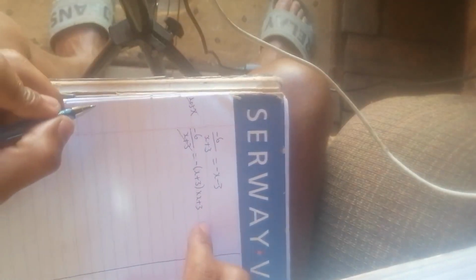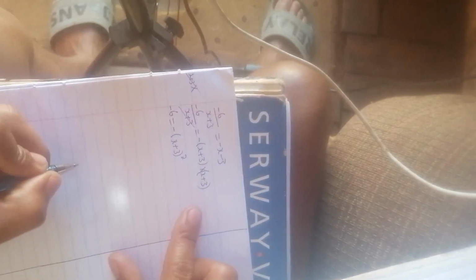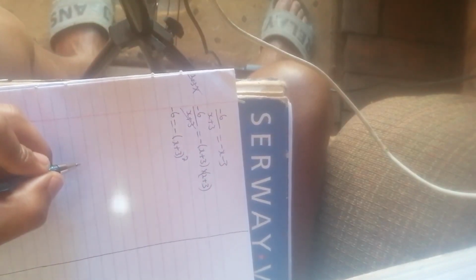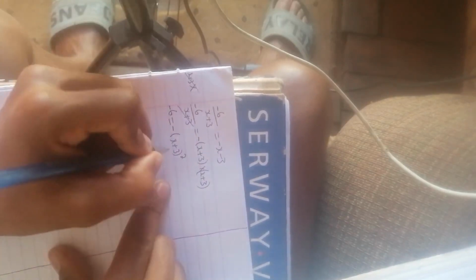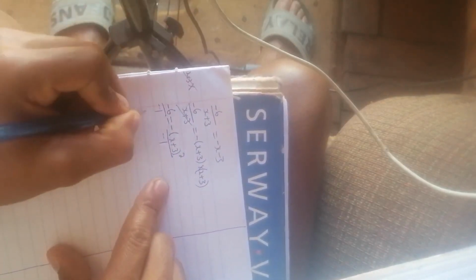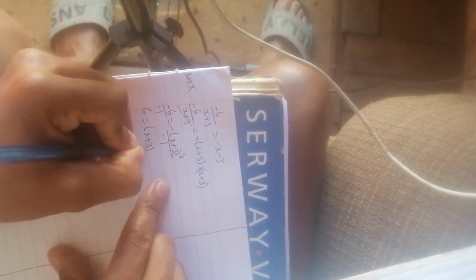Okay, and I can multiply both sides by x plus 3. And this into this goes once, and I have minus 6 equals minus into x plus 3 squared, because remember this is what I have. And then remember what transpires here. I can divide by negative, and I can have x plus 3 squared.